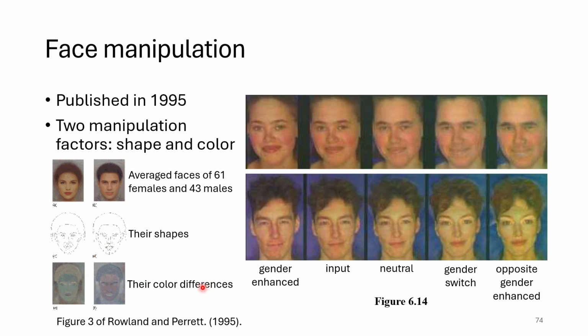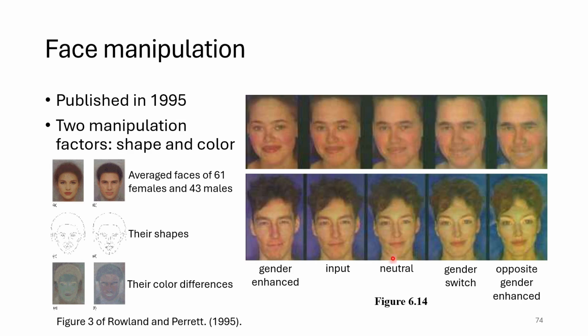So this is a very simple representation, only two factors. One is shape and the other is color. So given an input image, because there are two genders, they can move the image representation to the neutral. Neutral means the mean of the two genders.